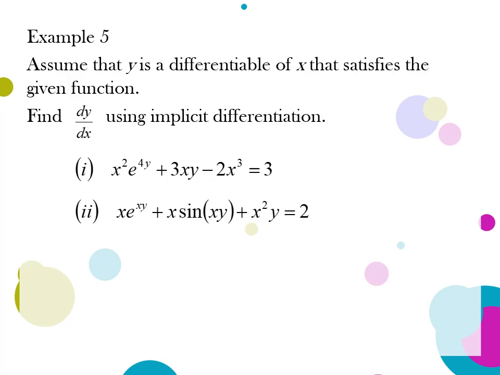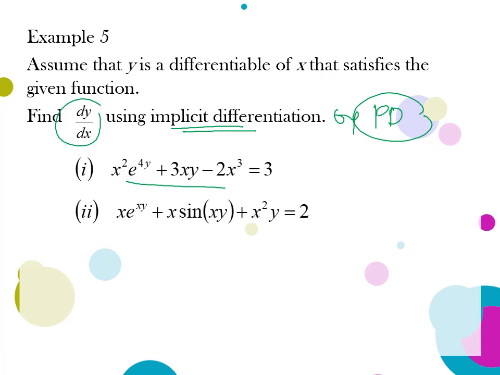Okay, let's look at the example here. Assume that y is a differentiable function of x that satisfies the given function. Then you need to find dy dx by using the implicit differentiation, by using partial derivative. Here this function is equivalent to 3.